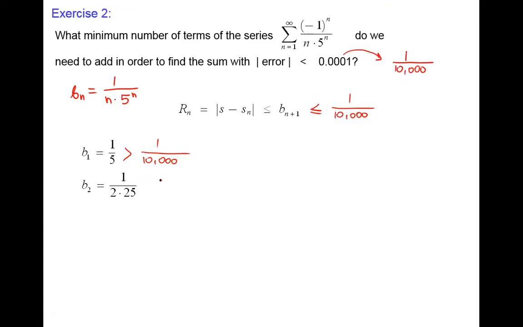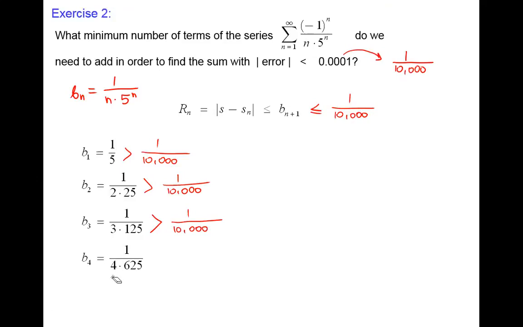The same, this is definitely greater than my small fraction, 1 over 10,000. B sub 3 will be 3 times 5 cubed, which is 125. If I multiply 3 times 125, I'm not going to get 10,000. This is still bigger. Okay, let's try 4.